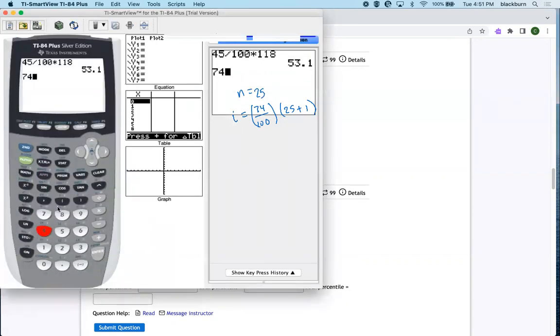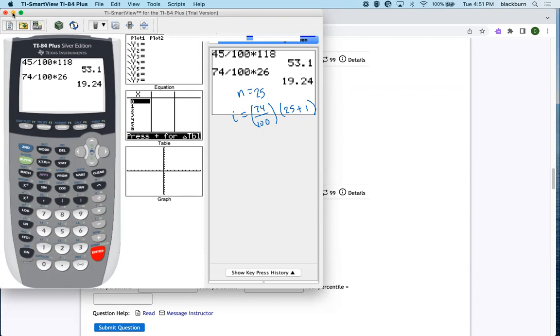74 over 100 times 25 plus 1 is 26. So let's just do that. So I'm looking between the 19th and 20th positions. All right, so this formula gives you what position in the list you're looking for.